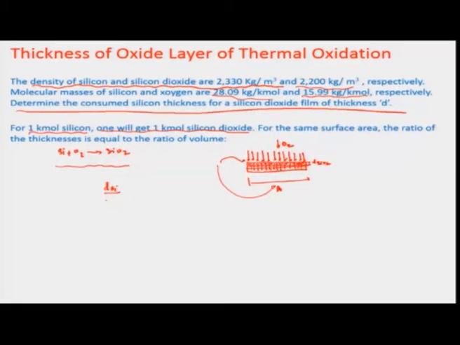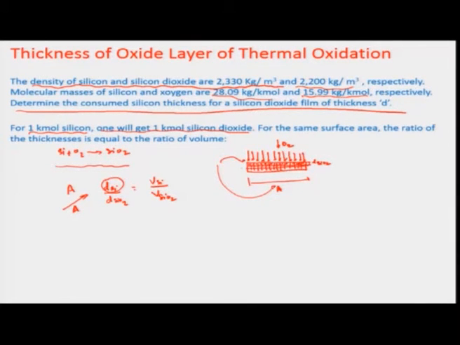So, let us say for D silicon thickness you obtain the D_SiO2 thickness. And so, therefore, this ratio is nothing but equal to the volume of the silicon as opposed to the volume of the silicon dioxide, because the area multiplier is the same for both.